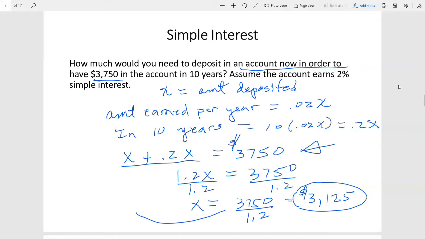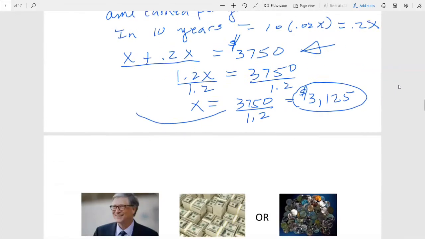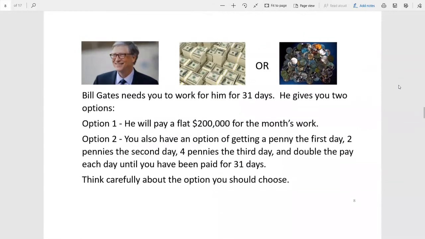Okay, all of this has been simple interest. I'm going to show you an example, or give you a proposition, to give you an idea of the power of compounding and exponential growth. Everybody has probably heard of Bill Gates.